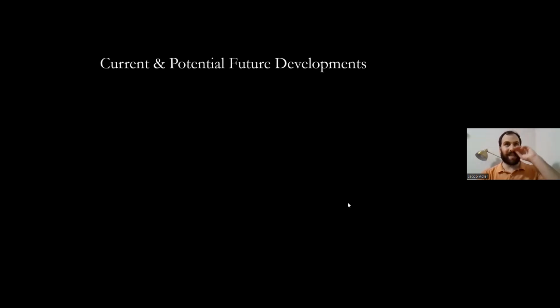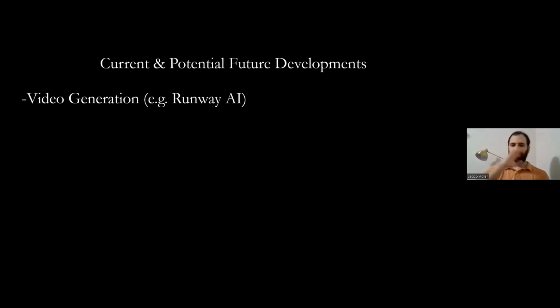But the thing is that there are so many developments on this stuff pretty much on a daily basis at this point. There's a lot of directions that it can go. One that I was reading about not too long ago is, for example, there's a company called Runway AI that has a generative system that they're hosting on Google Slack, which is their sort of communication system.